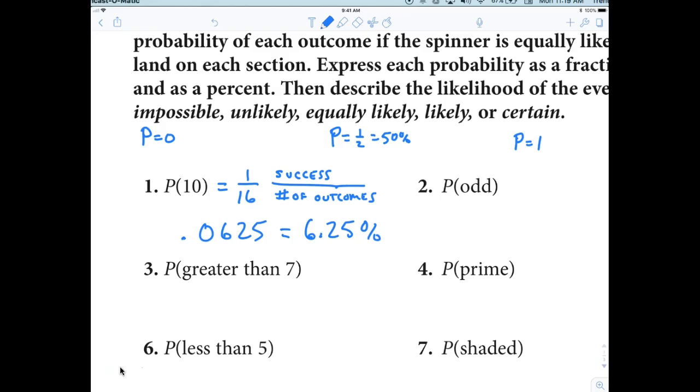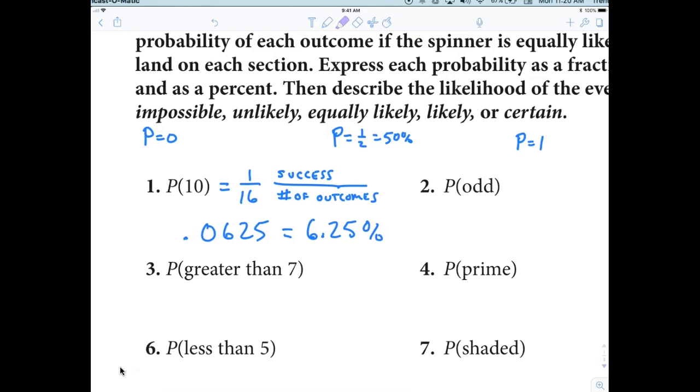Everybody with me on that? So what do you think unlikely is? Less than 50%. And likely is going to be what? More than 50%. Okay? So again, I'm not too concerned about these questions right here. I'm just concerned that everybody knows what they mean.